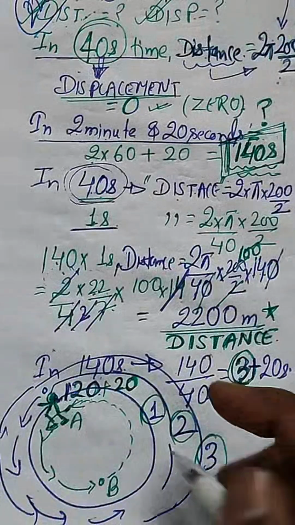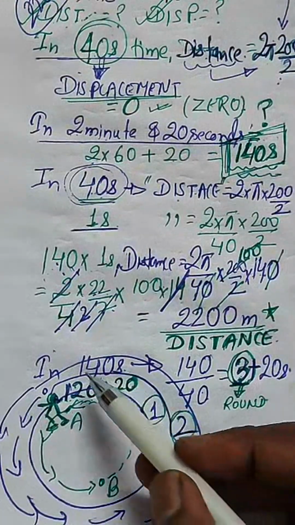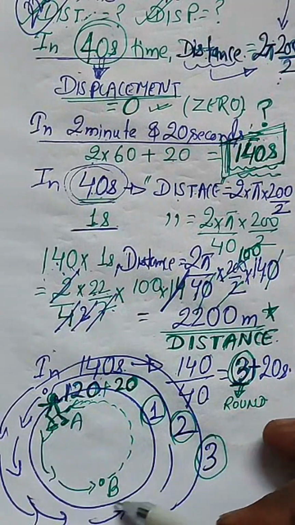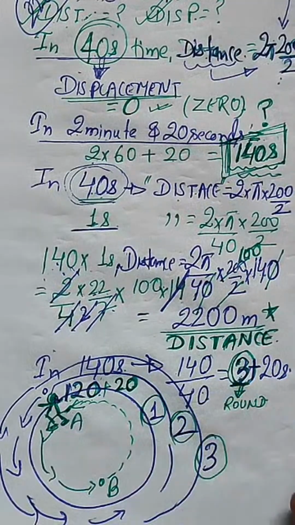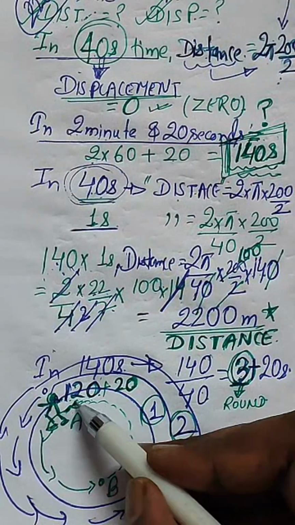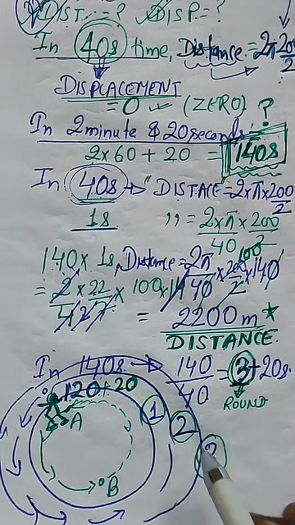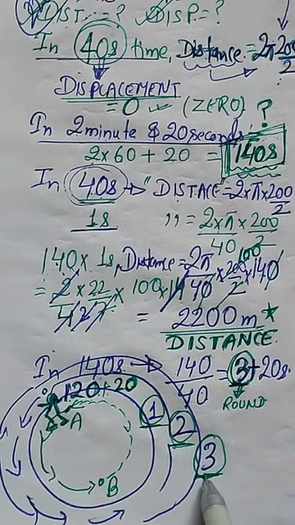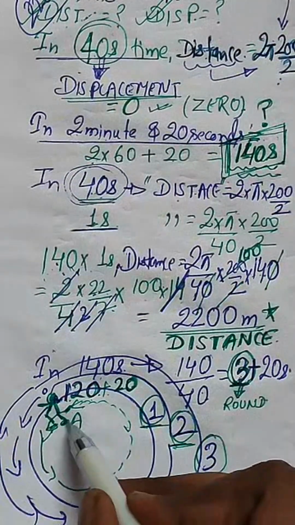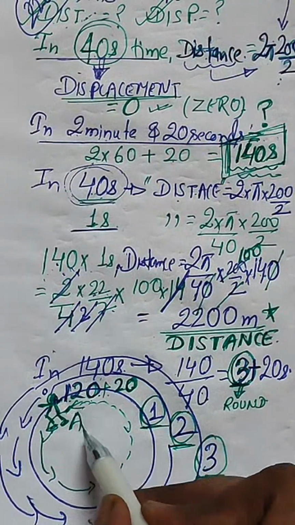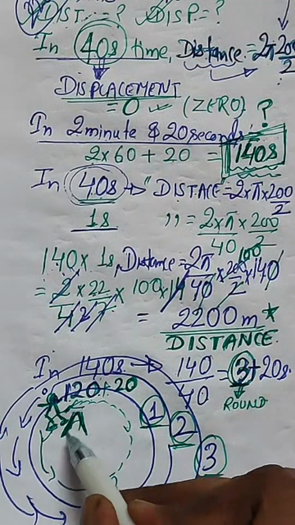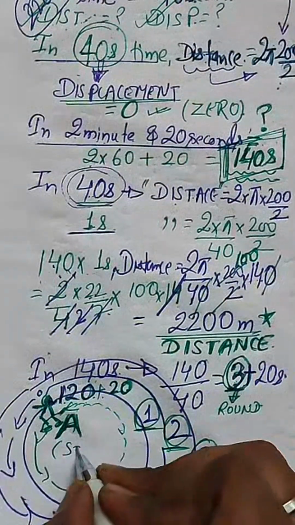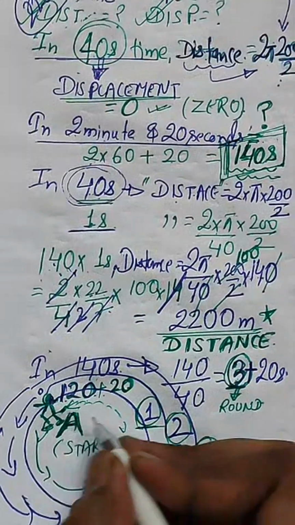If the athlete is completing one round in 40 seconds, then in these 120 seconds he completes these 3 rounds, round number 1, round number 2, and round number 3. Then after 3 rounds he is still standing at the position A. This is the starting point, the A.